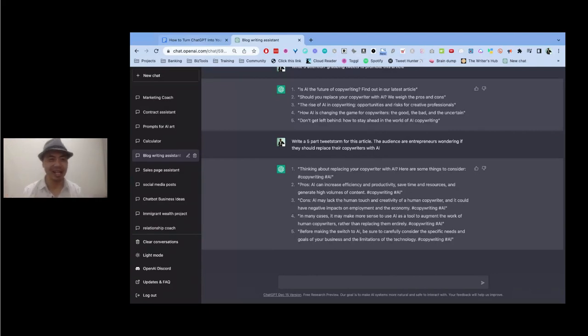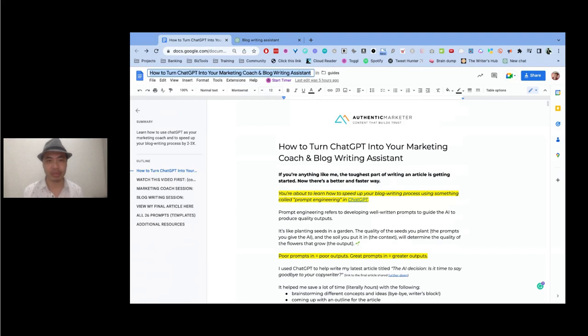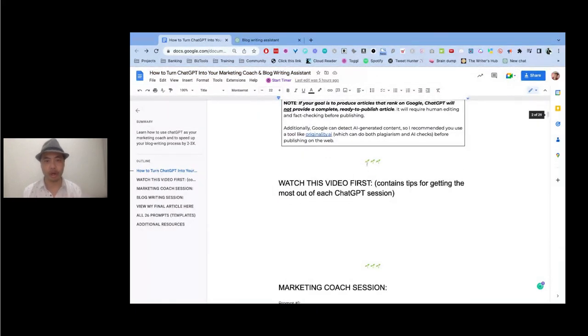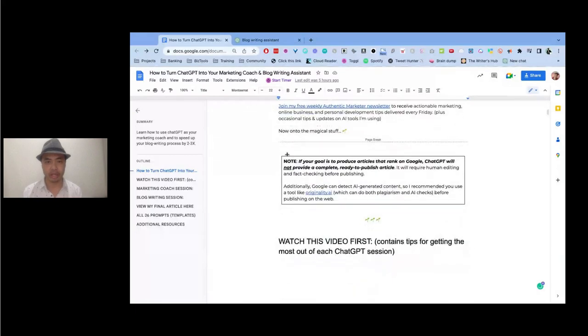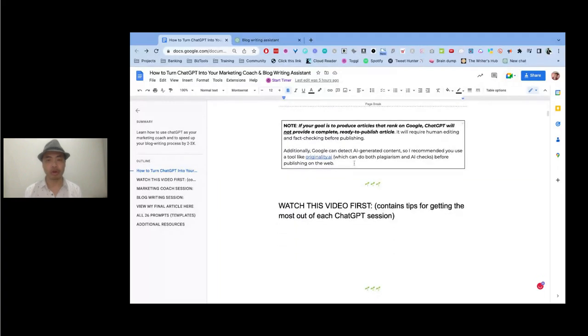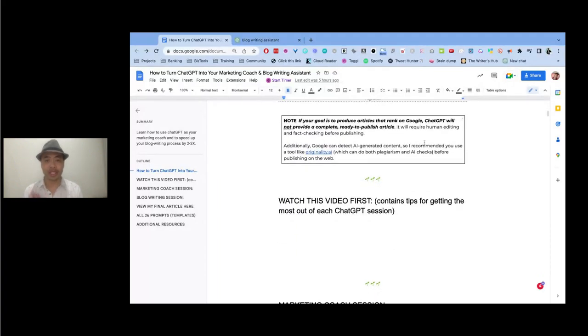And just to wrap up this particular training, I wanted to run through an important note, which I've got in here. Okay, so right here where it says, note, if your goal is to produce articles that rank on Google, ChatGPT will not provide a complete ready-to-publish article.